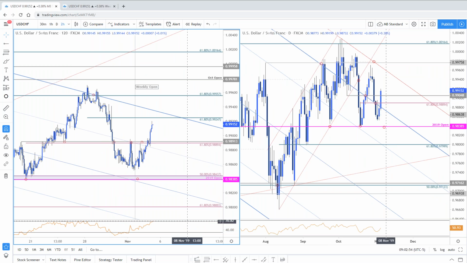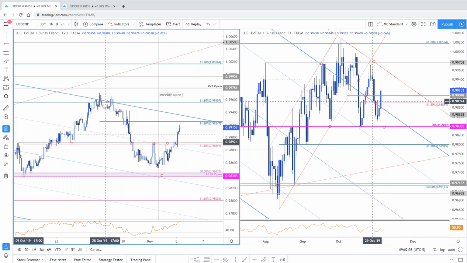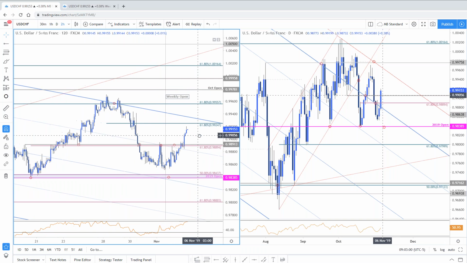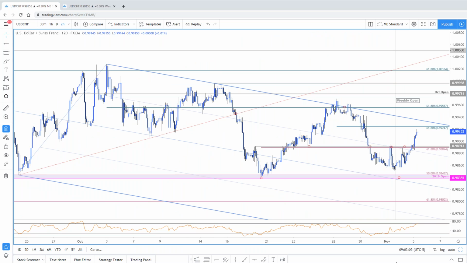Not surprising, guys, early in the month to get these kind of crazy little stretches here, and especially November. Let's see how this pans out. All right, not much to say new on dollar Swiss there, so we'll let that one sit.